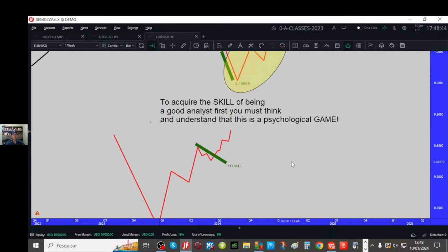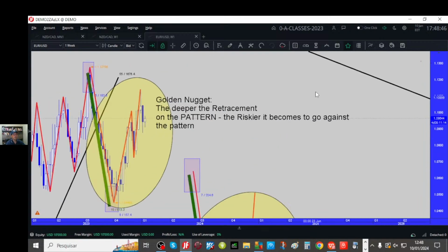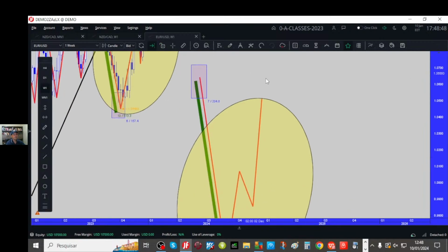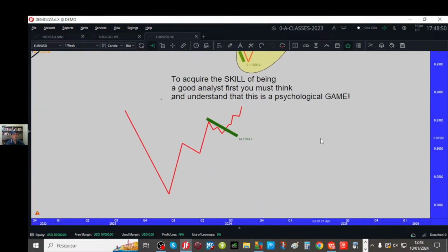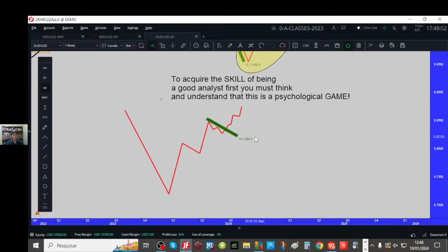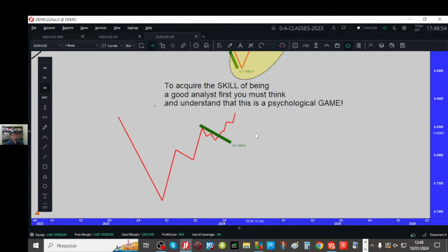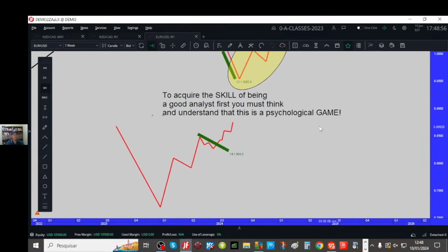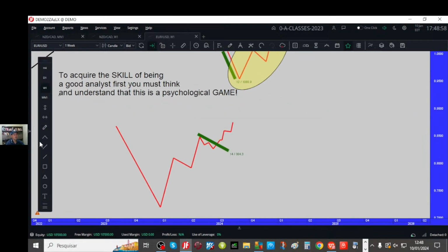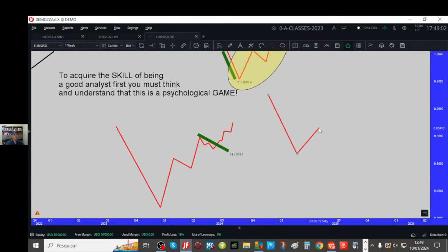Make sense, everybody? That's the issue in learning the skill. I'm telling you, don't do this, because going long right now, it's risky. Why? Because this is the pattern. Down market wave, the downtrend.